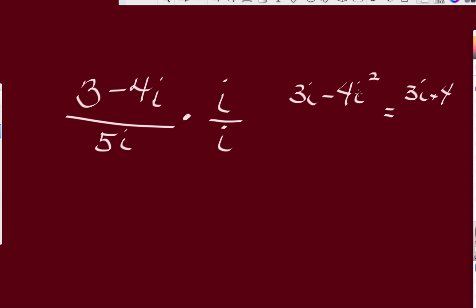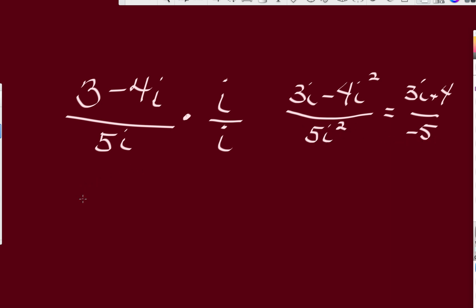We would actually switch these around, so I'll show you when we're finished. And then 5i squared, because we've just multiplied 5i times i, is 5 times negative 1, because i squared is negative 1, equals negative 5.